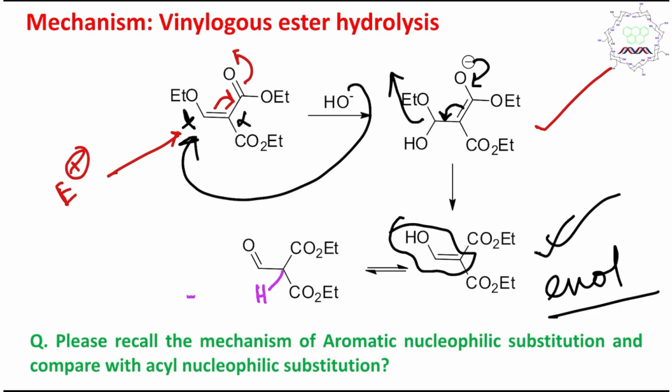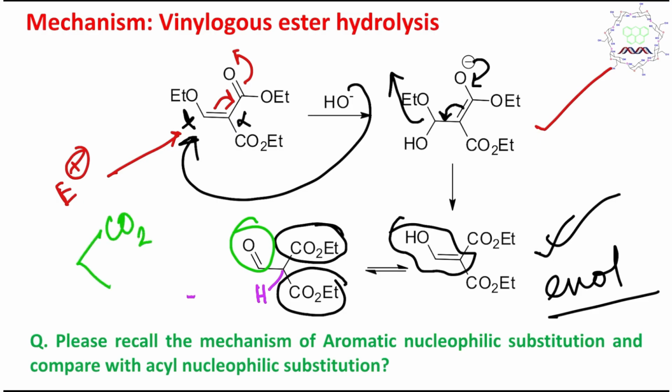Now this proton is in between three carbonyls, two carbonyls from here, meaning diethyl malonate, and one carbonyl from the aldehyde. If you compare the parent diethyl malonate, CO2Et versus CO2Et, we know that the diethyl malonate proton is significantly acidic, pKa near about 11-12, like that, I am not exactly sure.